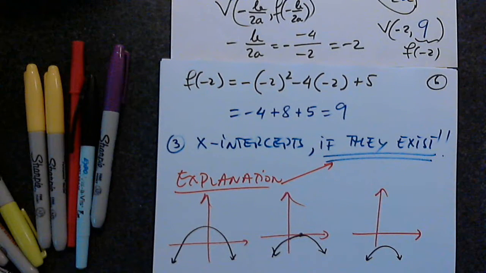How many times does it cross the x-axis, or how many x-intercepts does it have? None. So remember, when we solve a quadratic equation, we always have to get 2 solutions. These are 2 distinct solutions. These are 2 solutions, but they are the same. These are 2 solutions, but they are not real. They are imaginary numbers, like the square root of negative 4.